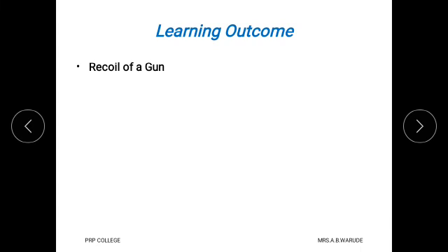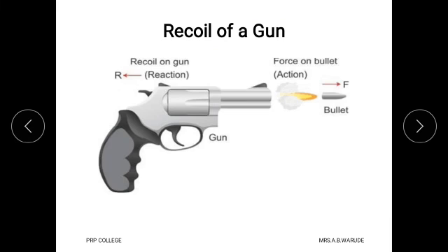Here, the recoil velocity of a gun is an application of Newton's third law of motion, that is, the law of action and reaction. For that, observe this diagram. Consider that a bullet is fired from this gun. Then it is observed that when the bullet is fired, it comes out with a very large force.